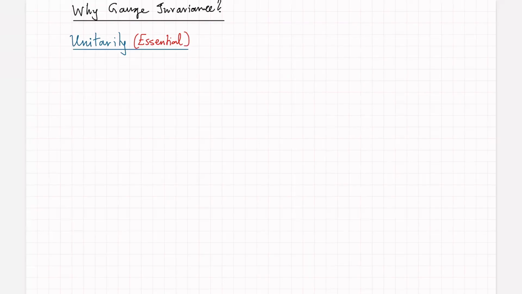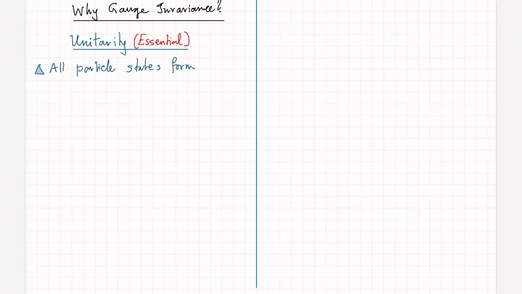I'm told that you have seen a little bit of group theory and a little bit of representation theory of the Lorentz group and Poincare group in particular. So all of you have studied that all particle states are basically going to form unitary irreducible representations of the Poincare group.